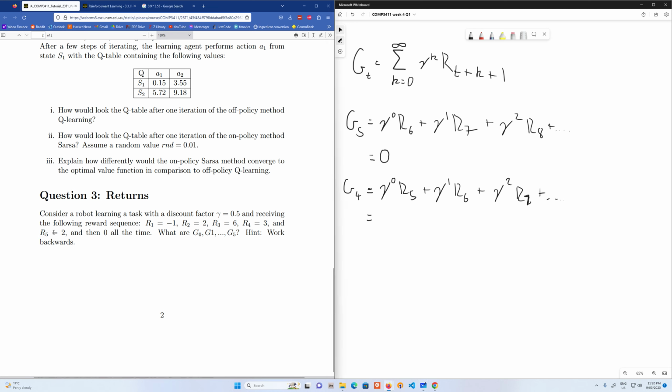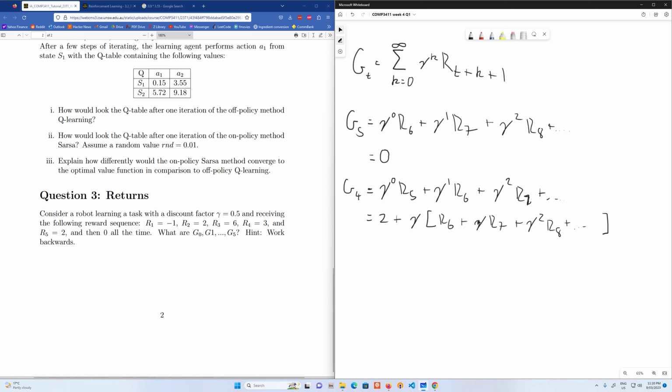If we look over here, reward number 5 equals 2. So we put 2 down here. Now, if we factor out gamma from the rest of the terms, we end up with this expression, that will go off to infinity.